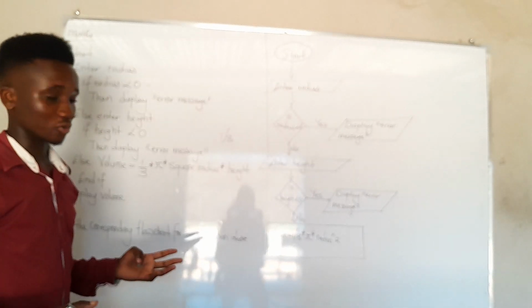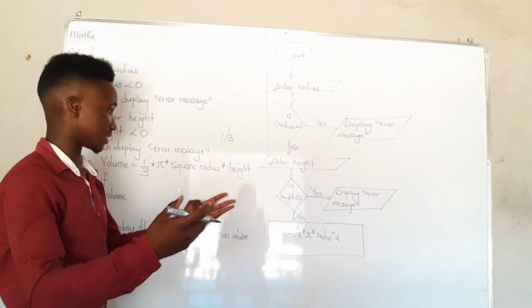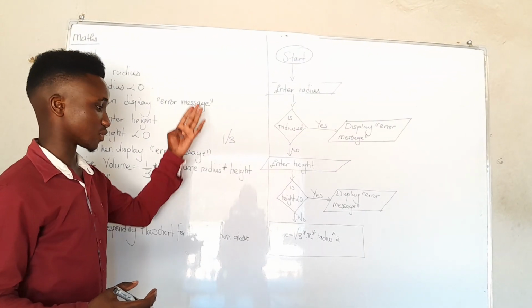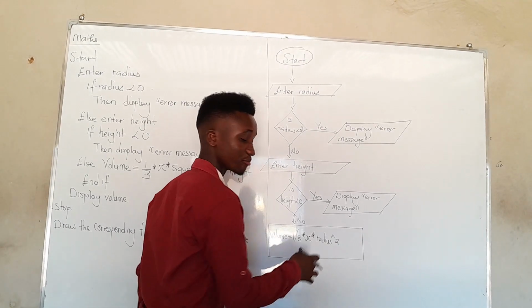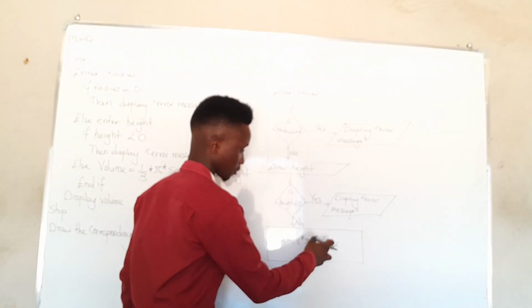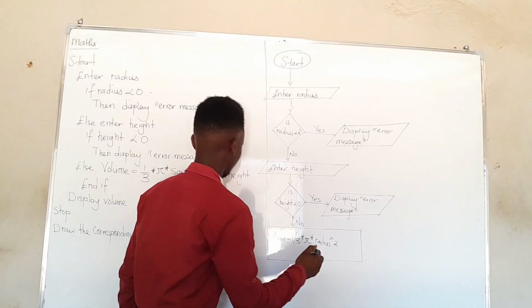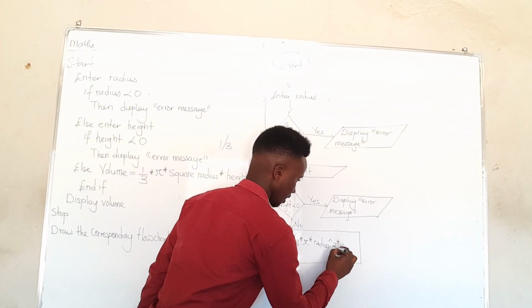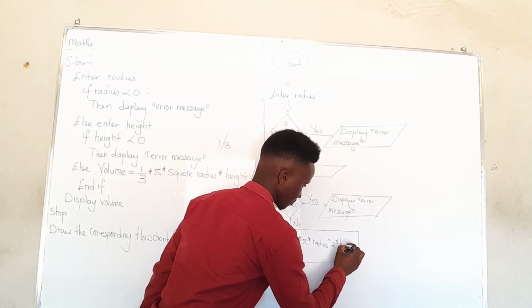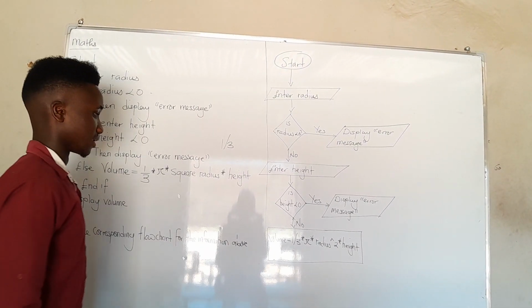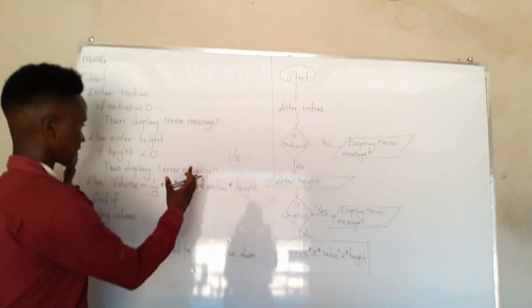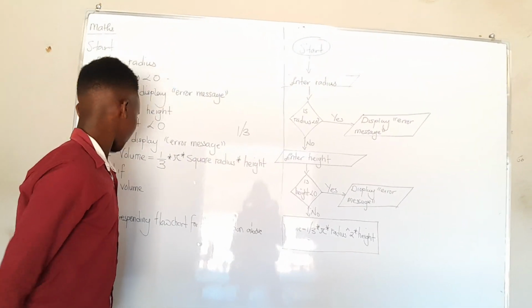Square means power 2. So whenever they say square radius, it just means the radius to the power 2. The computer has got this symbol to indicate the power, so we put this symbol and we say power 2, then we say asterisk and we put height there, just like that. So we've placed the formula in the rectangle.